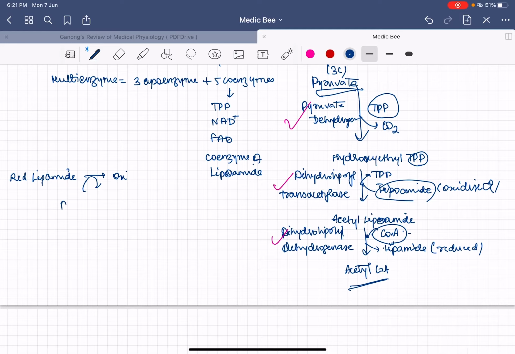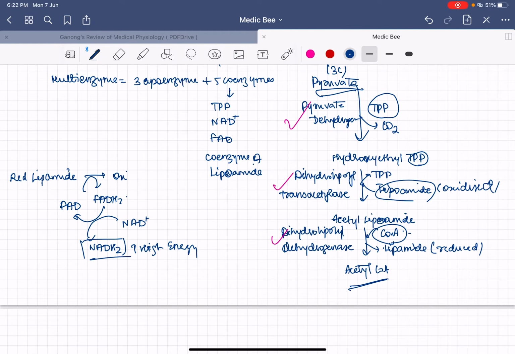So the FAD will be converted to FADH2. This FADH2 should be converted back for the next step. That is where NAD plus is getting reduced. For FADH2 to get oxidized, NAD plus is getting reduced, converted to NADH. So now you will realize that NADH is a high energy compound.